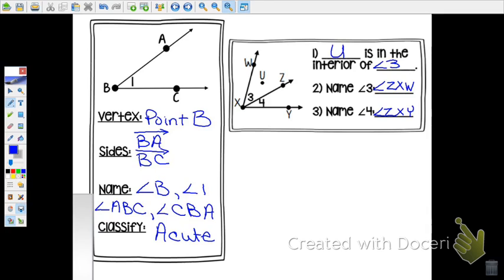Other times you have to use 3 letters to name that angle. Again, you have to have that angle symbol in front. If you don't have the angle symbol, then you are naming a plane. Three letters together name a plane if there's not another symbol with it.